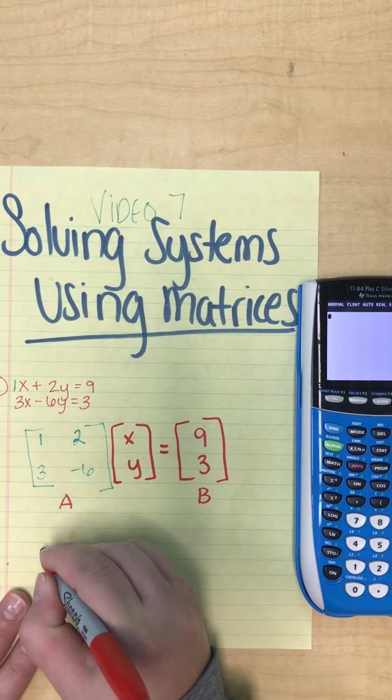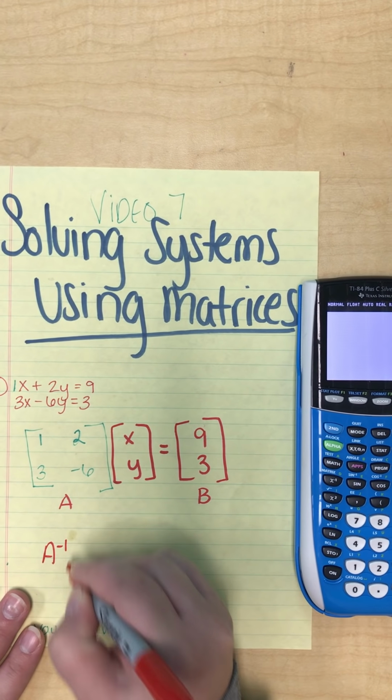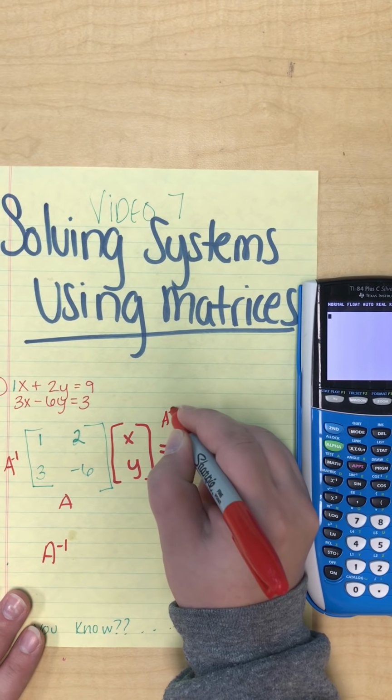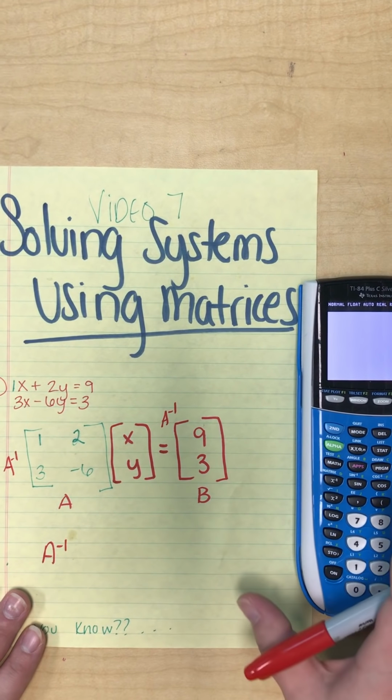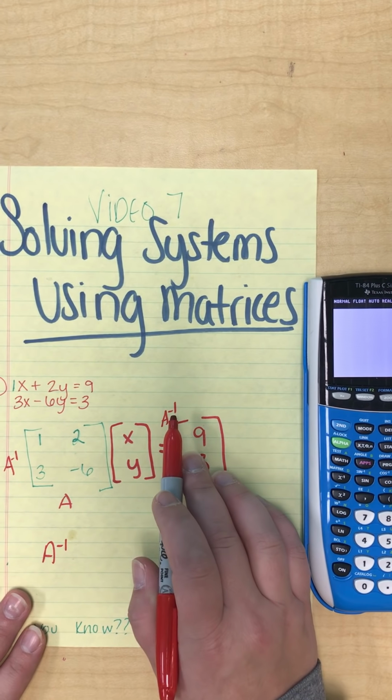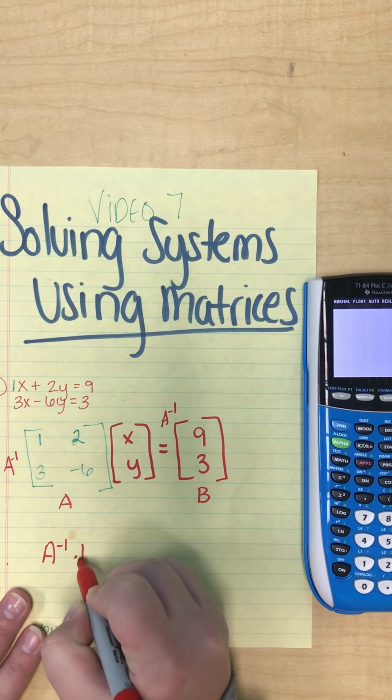So I'm going to multiply by the inverse of A on both sides. So really, once I get things typed in my calculator, xy is just going to be equal to the inverse of A times B.